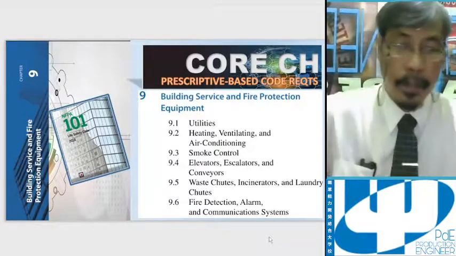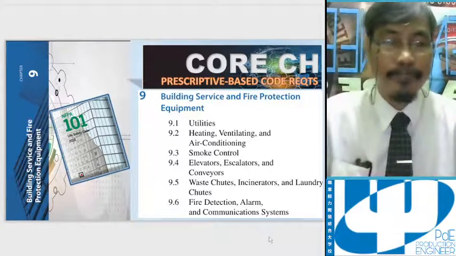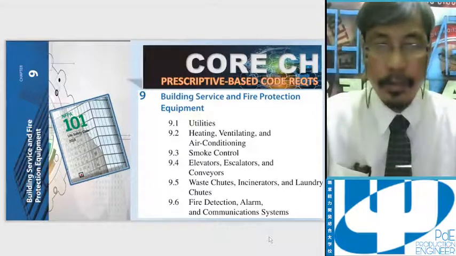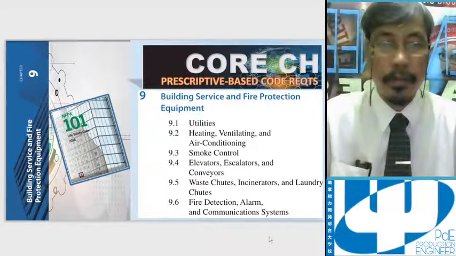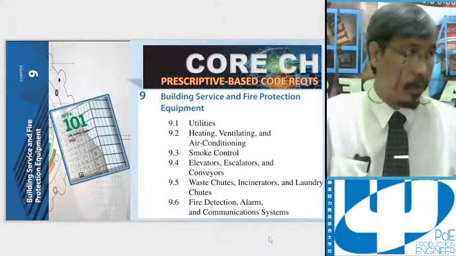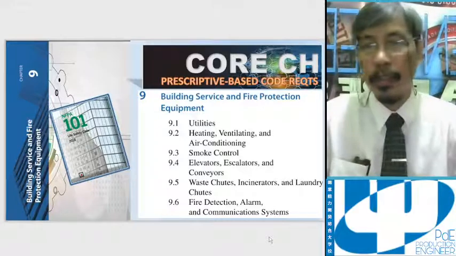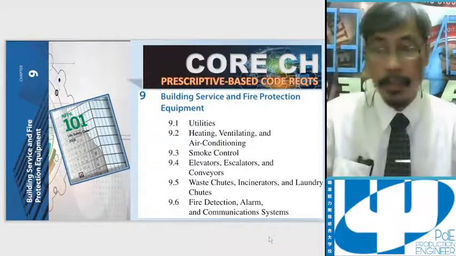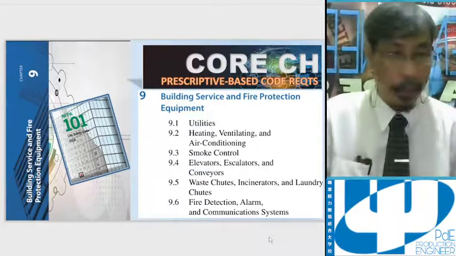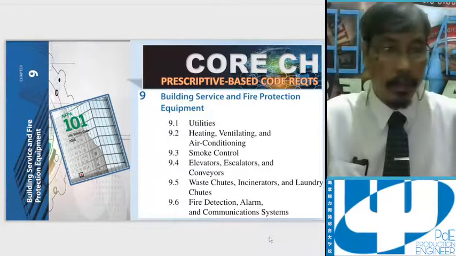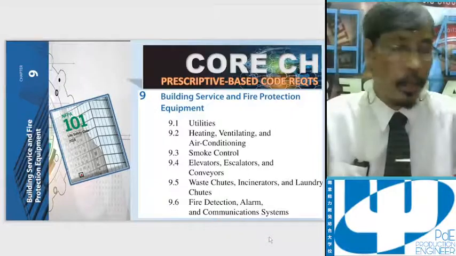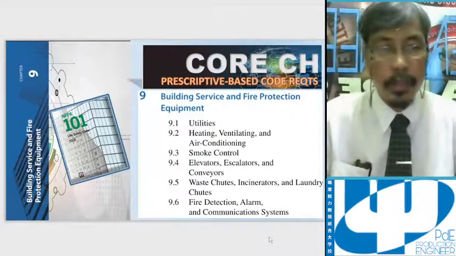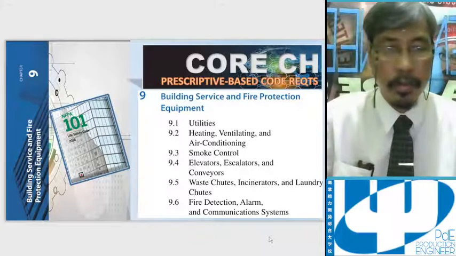And elevators, escalators, and conveyors. Not only elevators, but we have escalators for big buildings. Conveyors, meaning there are what? Walkalators. Not just escalators and elevators, walkalators. Waste chutes, incinerators, and laundry chutes.